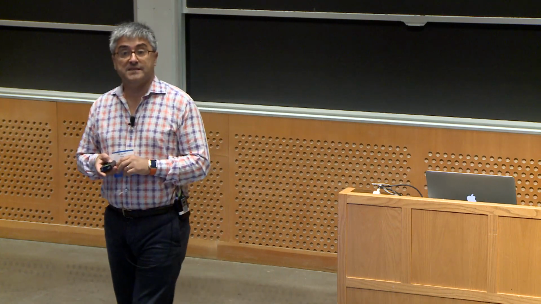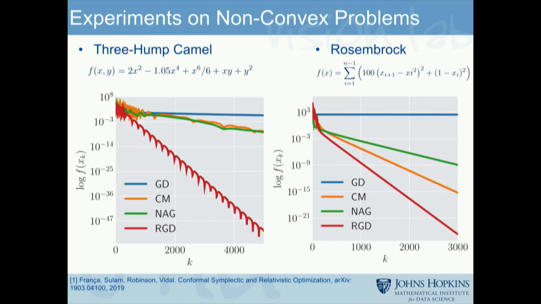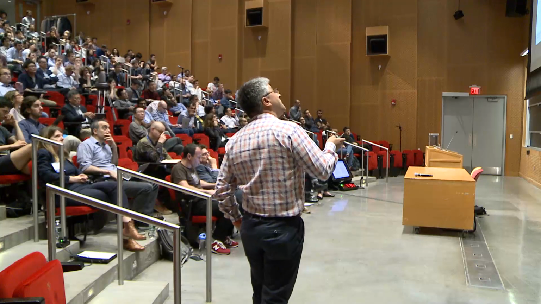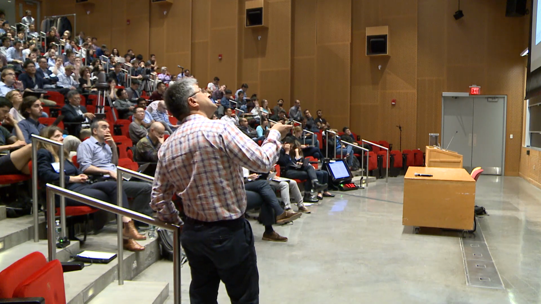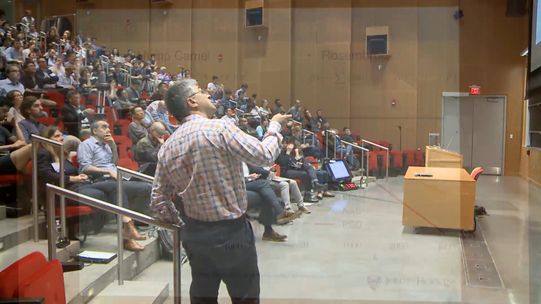So these are some synthetic examples of comparing these methods on some simple, in theory, because the number of variables is small, but these are fairly non-convex optimization problems that typically people struggle with, and just comparing different optimization methods here. So this is gradient descent, so that's the blue curve.